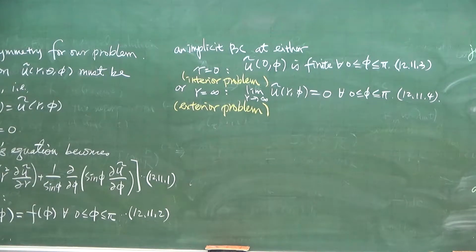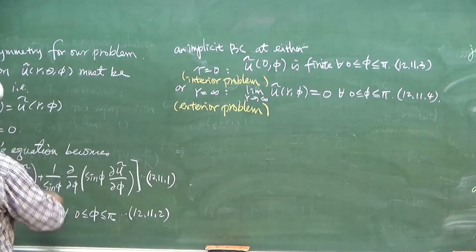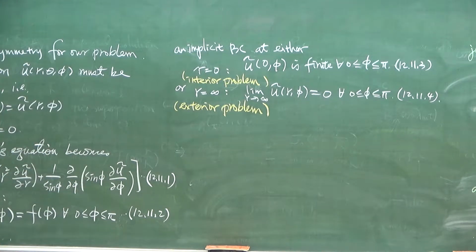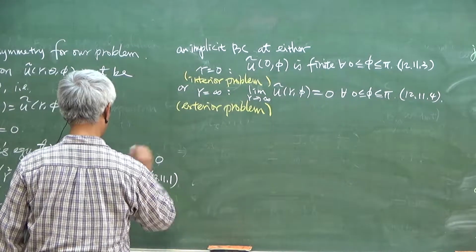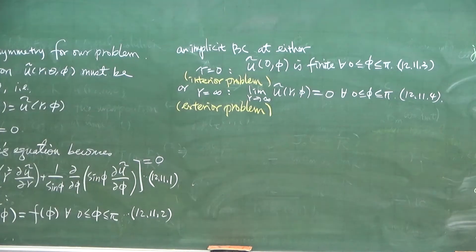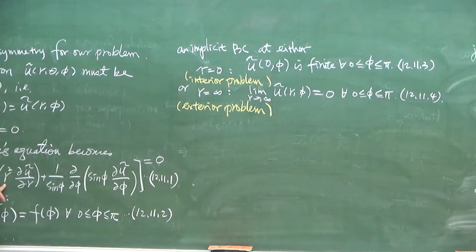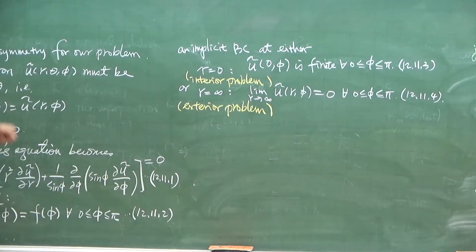Because we will consider the Laplace equation outside of a ball. Okay, this Laplace equation, oh, I forgot to put 0. It is true for the space except r equal to 0, except the origin.